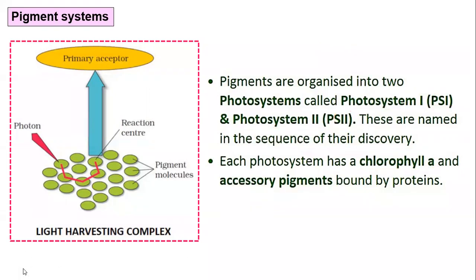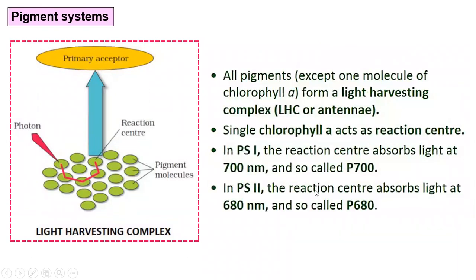Photosystem 1 absorbs light of wavelength 700 nanometer and photosystem 2 absorbs light of wavelength 680 nanometer. All pigments except one molecule of chlorophyll A form the light harvesting complex or the antennae molecule, since chlorophyll A acts as the reaction center.